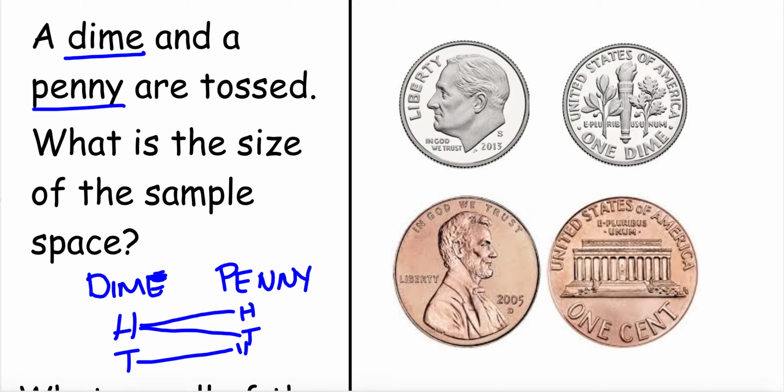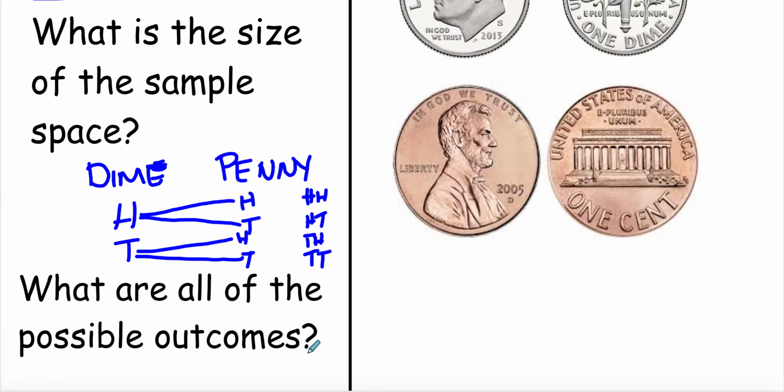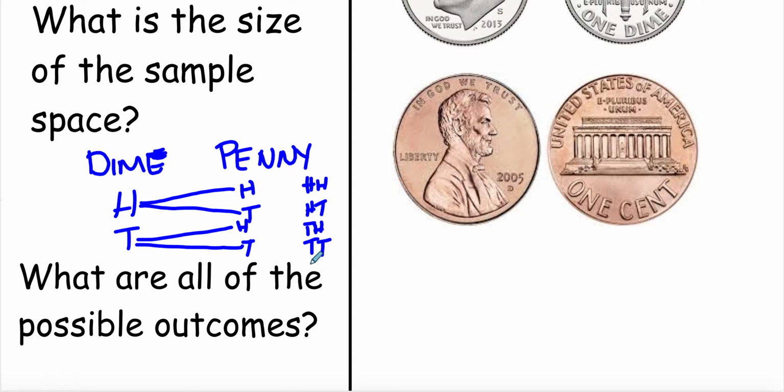So my sample space in this case would be heads heads, heads tails, tails heads, tails tails. My sample space is 4 in this event, and all the possible outcomes are those 4.